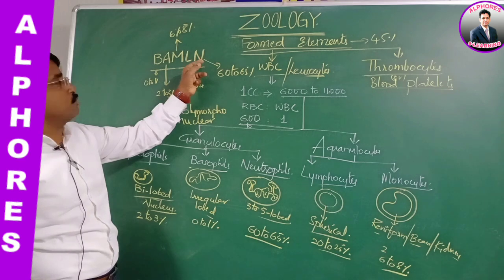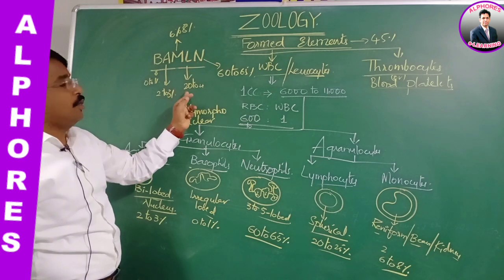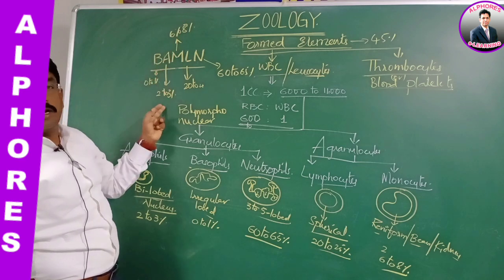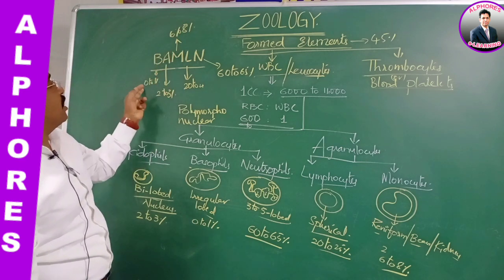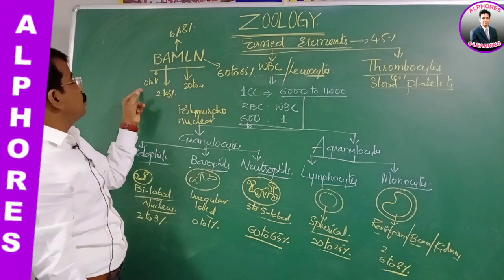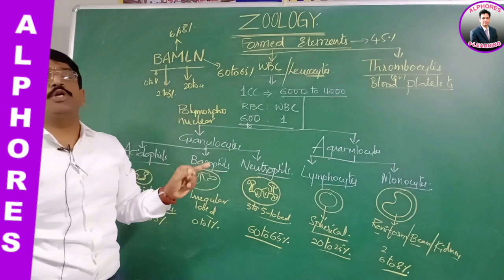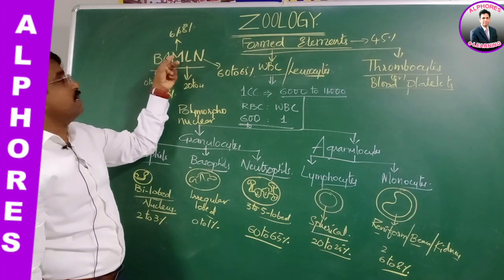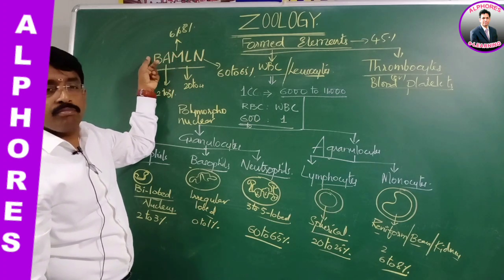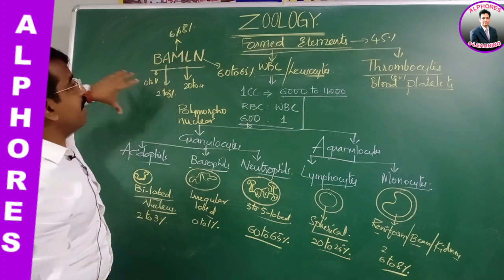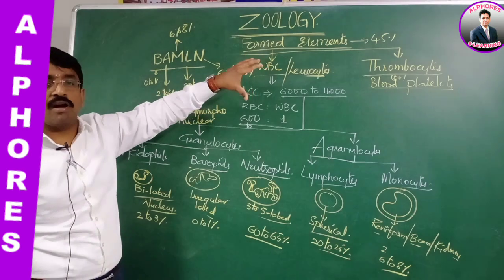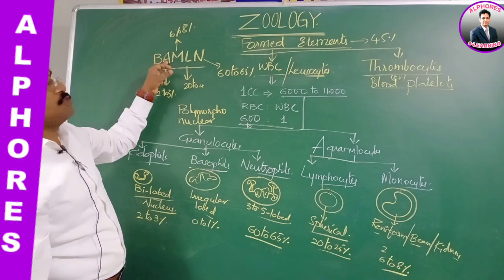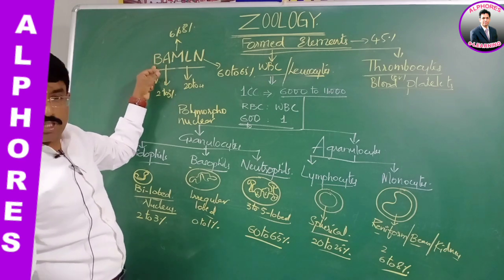Neutrophils 60 to 65%. Lymphocytes 20 to 25%. Monocytes 6 to 8%. Acidophils 2 to 3 and basophils 0.3 to 1%. So never let monkey eat banana. This is the descending and this is the ascending order. Decreasing order: neutrophils, lymphocytes, monocytes, acidophils or eosinophils and basophils.